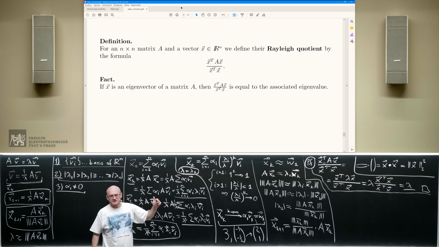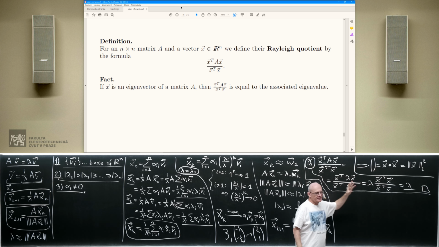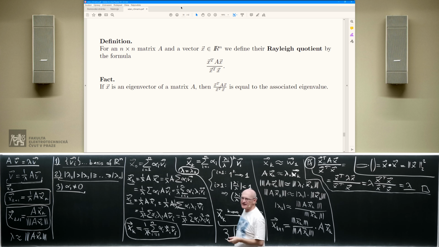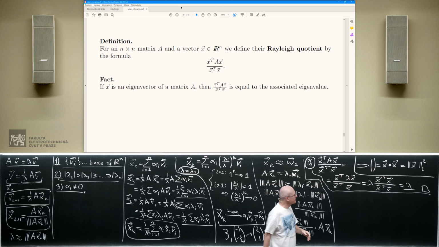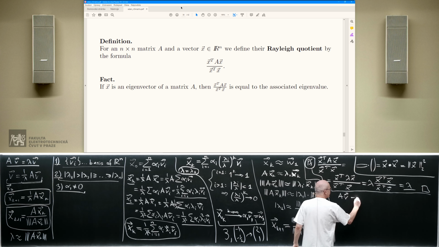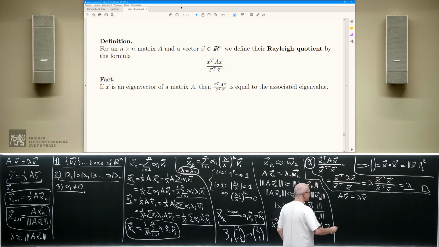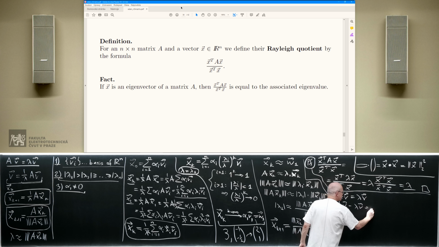So this is what happens when you have an eigenvector. What if you have an approximation of an eigenvector? Then the Rayleigh quotient does something else for you. But let's talk about eigenvectors for a second. Eigenvector and eigenvalue have this property, which can be written as AV minus lambda V is the zero vector.